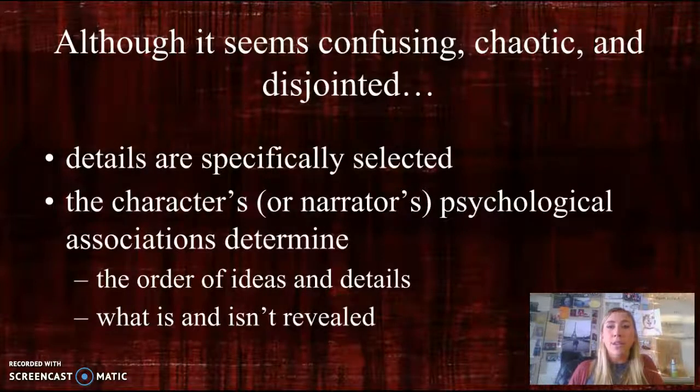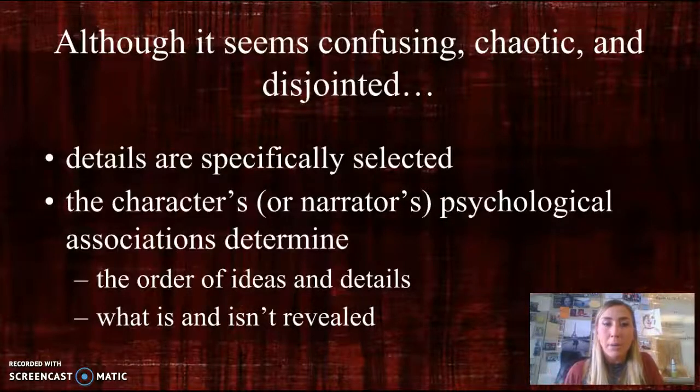Although it seems confusing, chaotic, disjointed, you have to remember that the details are specifically selected. The characters' or the narrator's psychological associations determine the order of ideas and details, what is and isn't revealed. So even though it seems random and it seems like there's no real specific order, there is a specific intention.